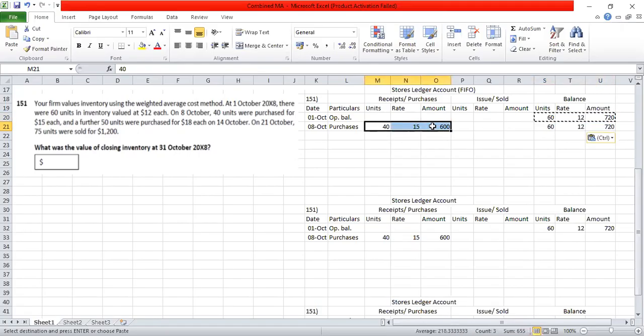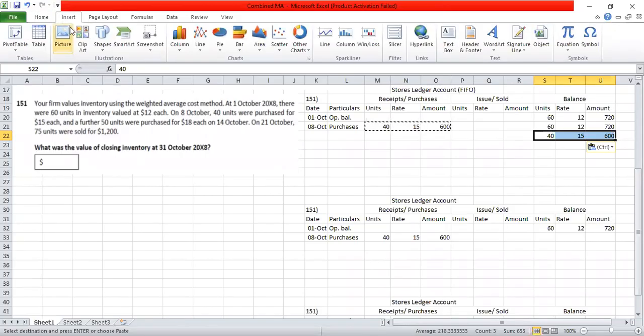We do not add them up. Now, first we are following the FIFO method. So first we don't add them up, but we just write them separately.